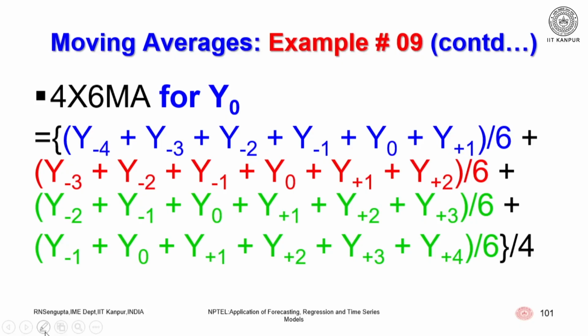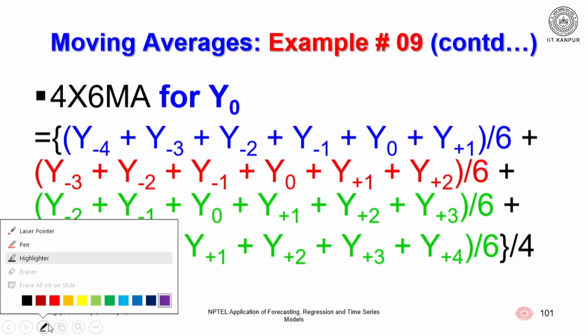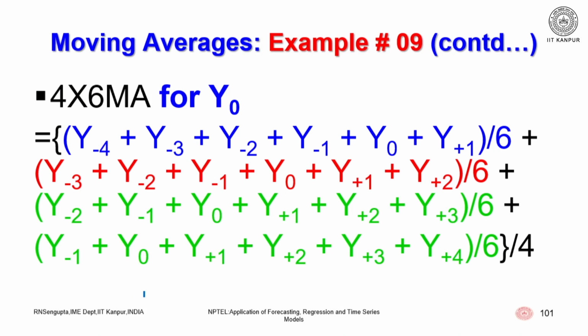Now pay attention to the 4 blocks which you have, with 6 values in each. The first one is where you have y naught here, and the corresponding values onto the left of y naught are y suffix minus 4, y minus 3, y minus 2, y minus 1, and the one value onto the right is y suffix plus 1. So, that is the first block.